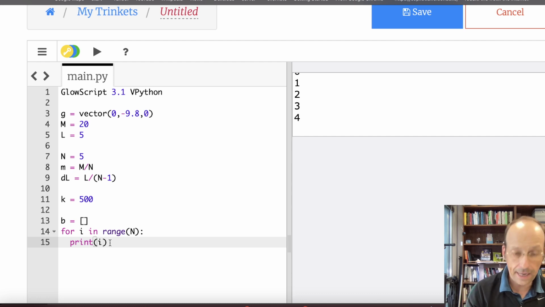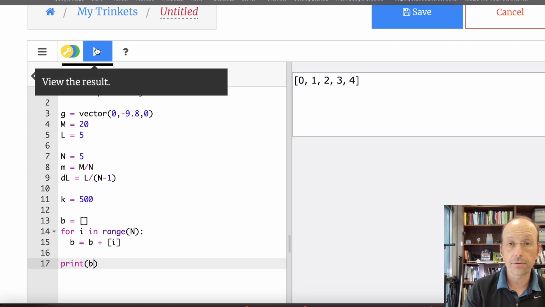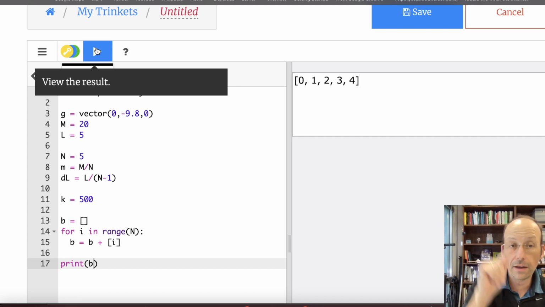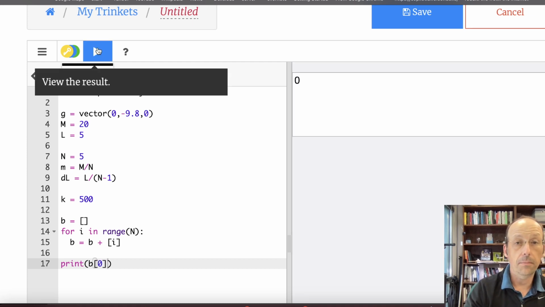So what if I wanted to add that to a list? I could say B equals B plus i. And then after the loop, I can say print B. And B are my balls. So you see now I have a list of 0, 1, 2, 3, 4. I can print that first element in the list, B[0], which happens to be 0, with the indices 0, just like that.